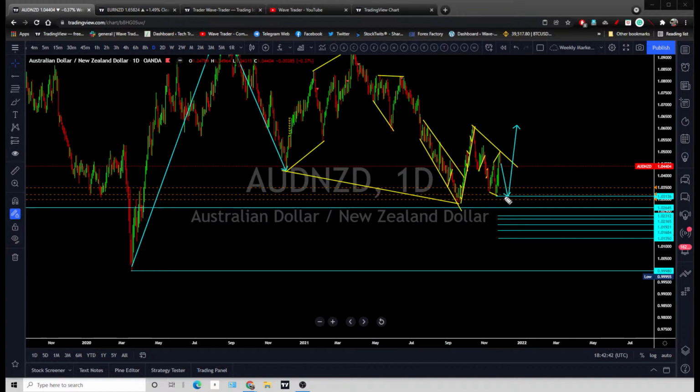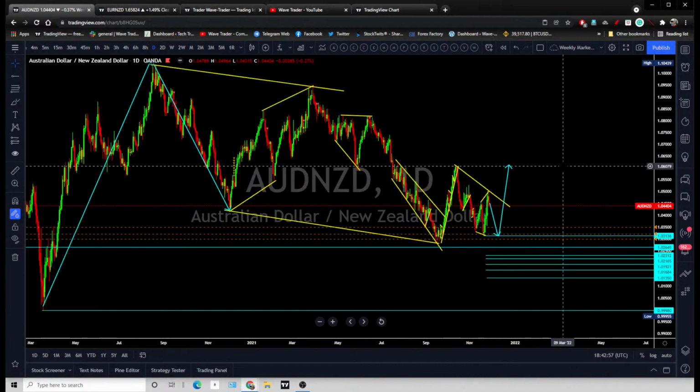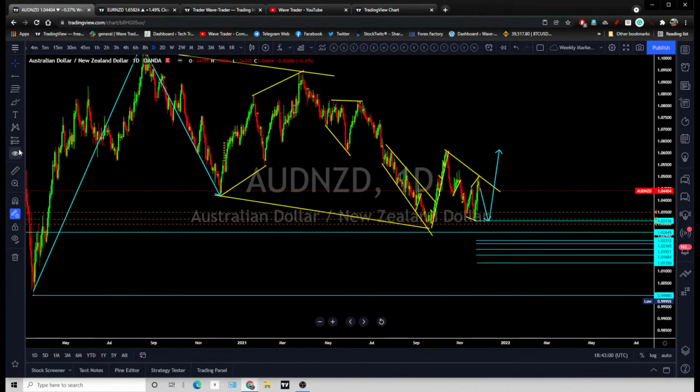I have explained two types of trade there. One is you put pending orders and keep your stop loss somewhere below this. Or you can take one trade at a time by putting your stop loss just behind that.